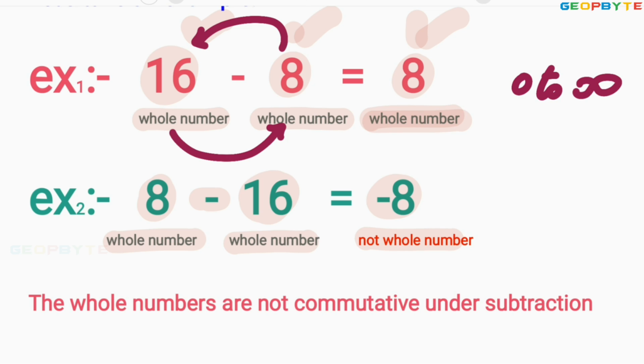Therefore, the whole number is not commutative under subtraction. I hope you clearly got my point. Once again, the whole numbers are not always commutative under subtraction. The conclusion I wrote here: the whole numbers are not commutative under subtraction.